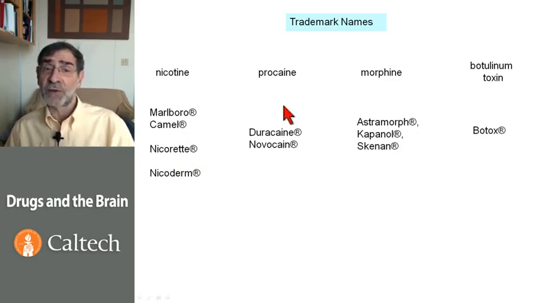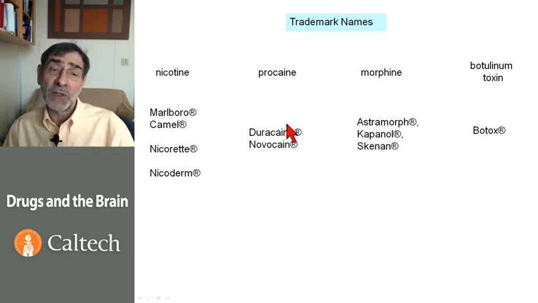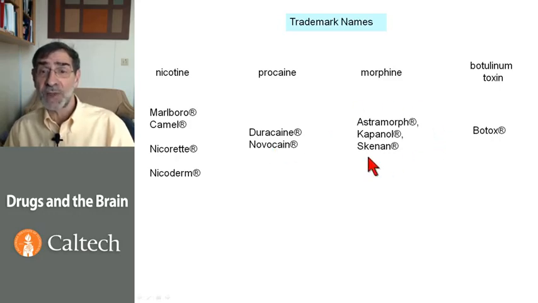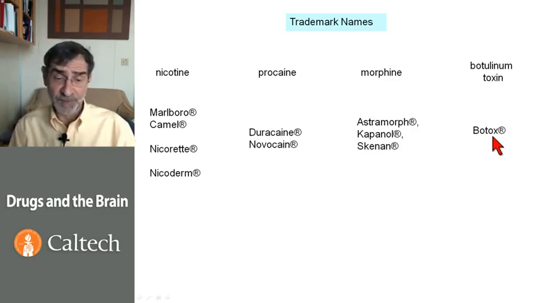Procaine has been around for more than a century, but it also has several trademarks depending on which manufacturer sells it. Morphine, likewise, has been used for centuries, and it has several trademarks. Botulinum toxin, when used in the senses we're going to use it today, also has a trademark, Botox.